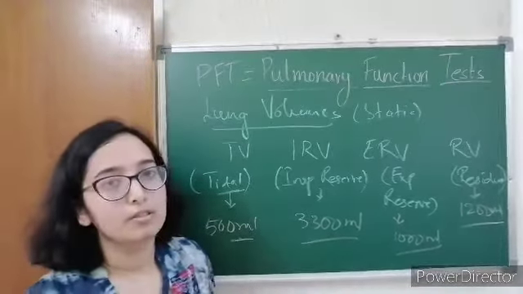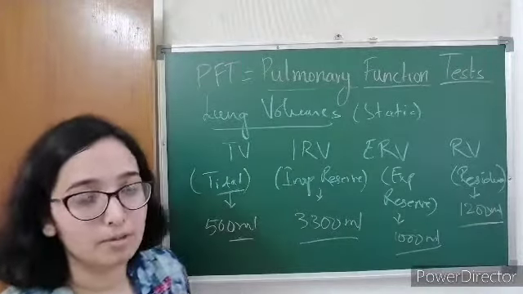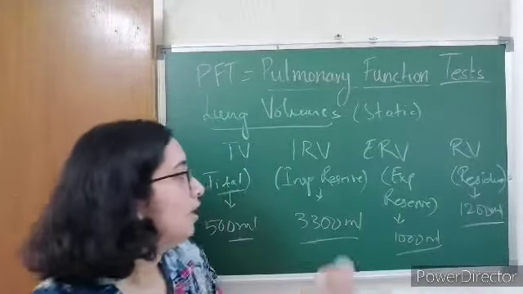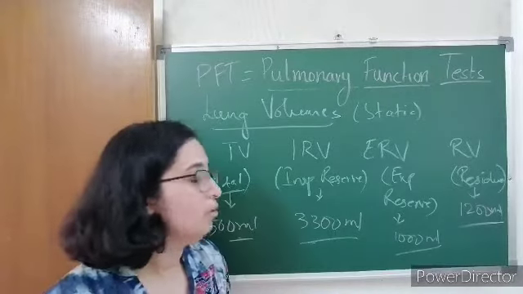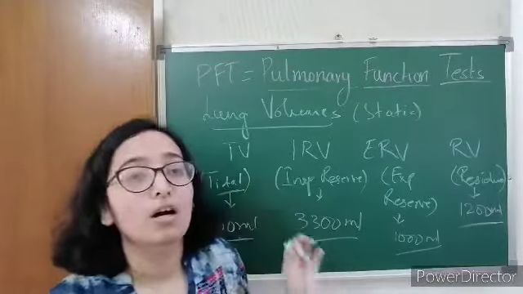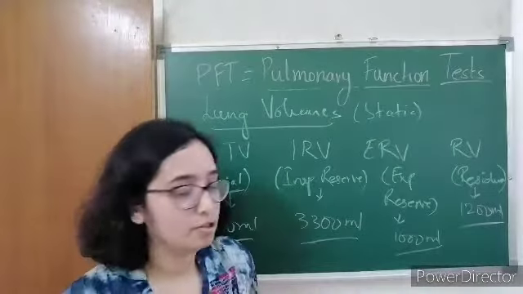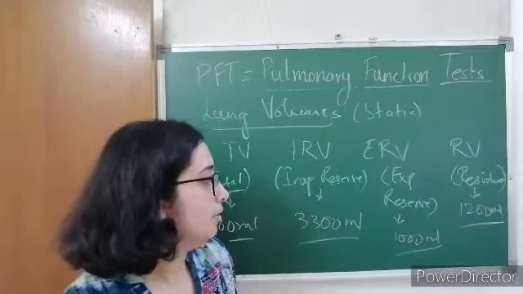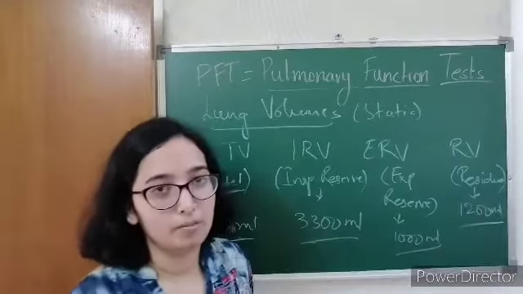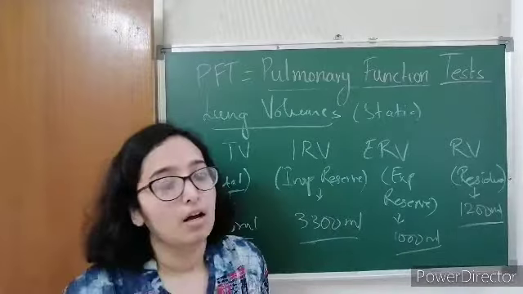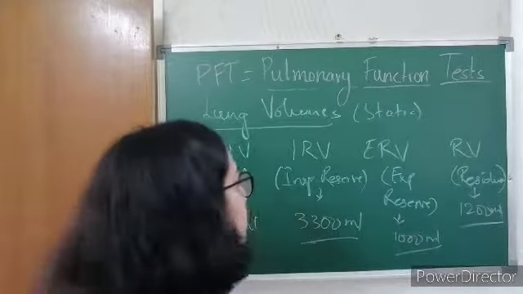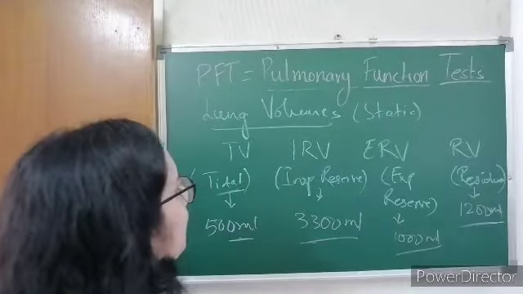Inspiratory reserve volume is the additional amount of air that is breathed by an individual after a normal inspiration, that is 3300 ml. And ERV, expiratory reserve volume, is an additional amount of air that can be exhaled out after a forceful expiration, that is 1000 ml. And RV, residual volume, is the amount of air that is remaining in the lungs even after a forceful exhalation, that is 1200 ml. So these we saw are the lung volumes.